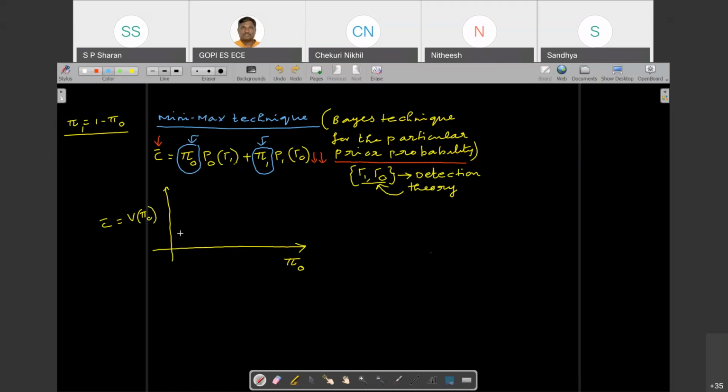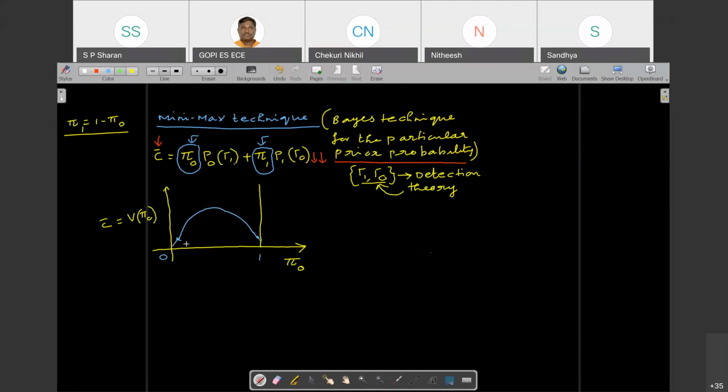So if you keep on doing this, I get a curve like this, from 0 to 1 here, and then you have the Bayes cost function for every value of pi naught.